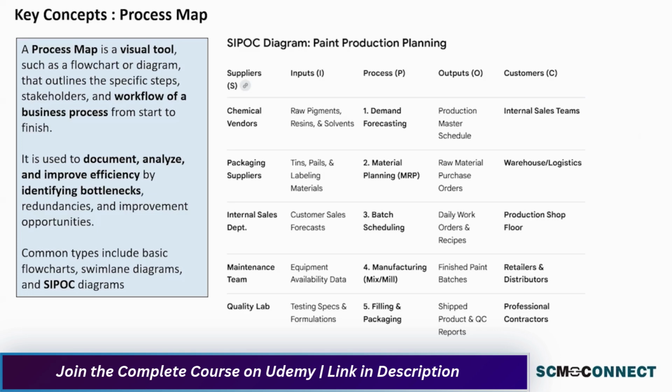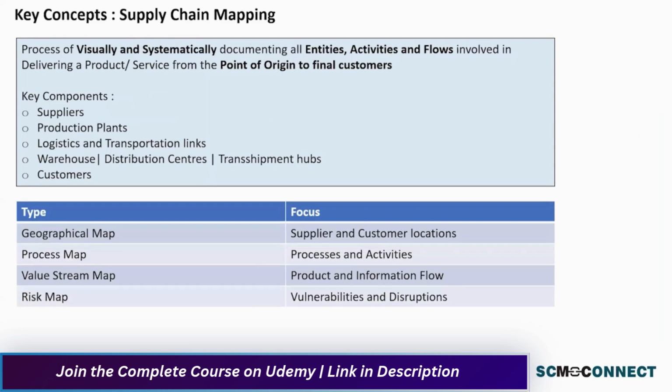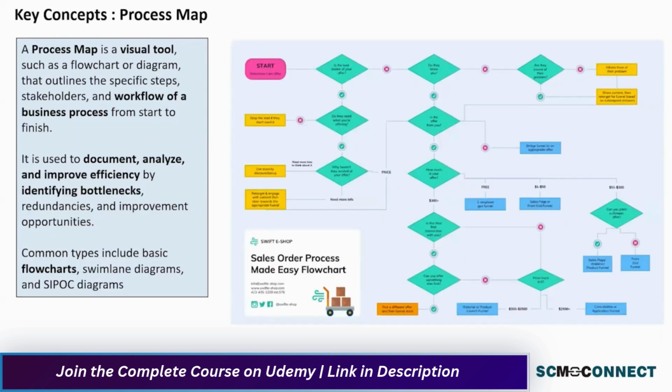So this is the first kind of map. So we talked about process map. Just as a quick recap, it could be a simple flow chart running right from start to the end with various scenarios built in.